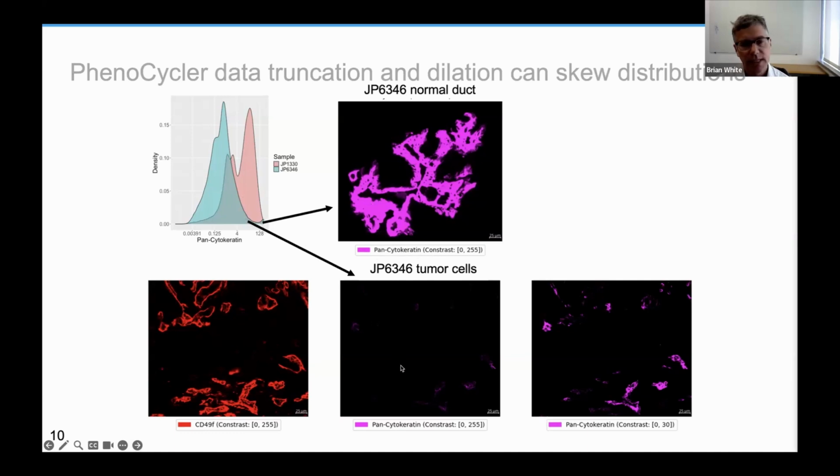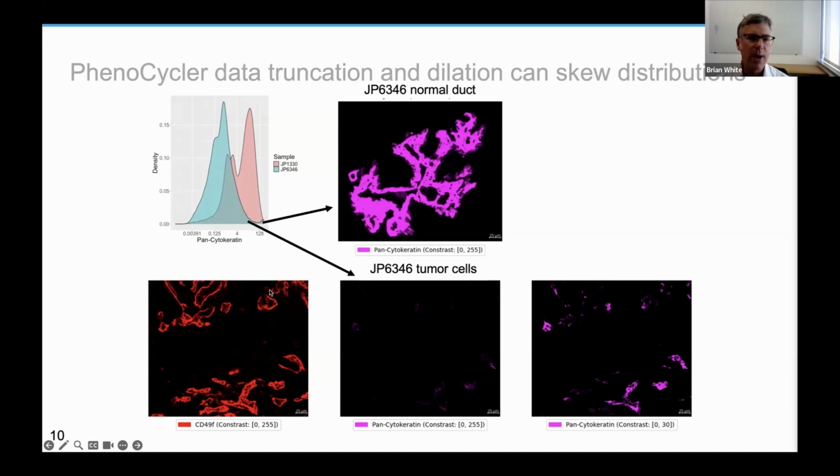And if we were to look within this same sample at that same contrast level at tumor cells, which we've identified using an additional marker, CD49F, here in red on the left, and this is the same image using PAN-CK that I've been talking about in the center, you can see that the tumor cells are almost indistinguishable. It's not until we turn the contrast way up that we can finally see via PAN-CK the tumor cells that we know to be there.